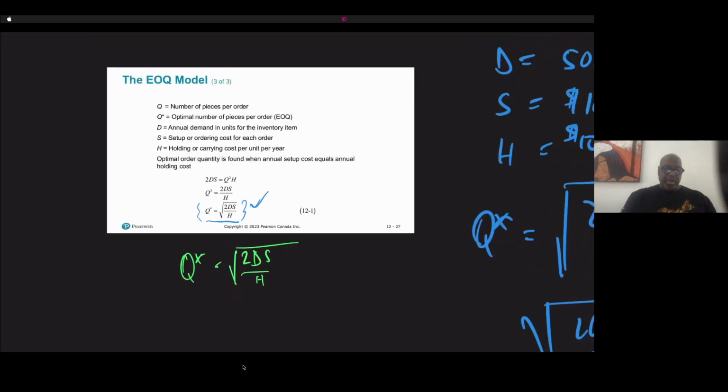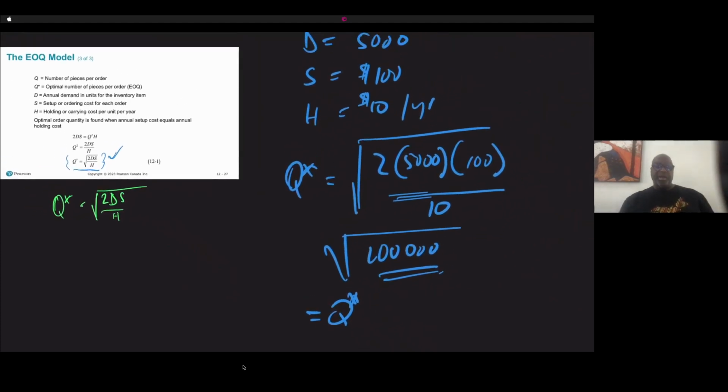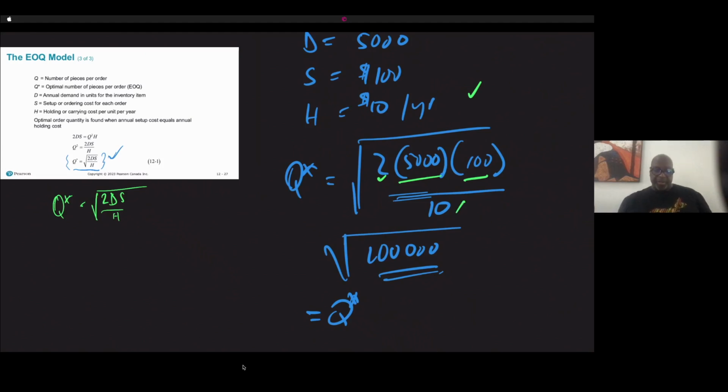All right? And then I was just showing you this example where your annual demand was 5,000 units, and S, which is your ordering cost, is $100 every time you place an order, and the holding cost is $10 per year. Then our optimum order quantity will be the square root of 2 times our demand, 5,000, times our ordering cost, 100, divided by our holding cost per year.